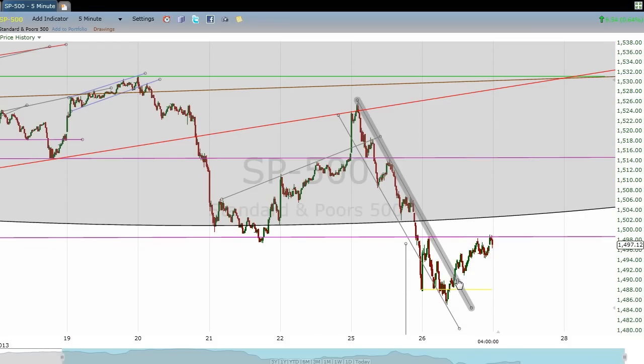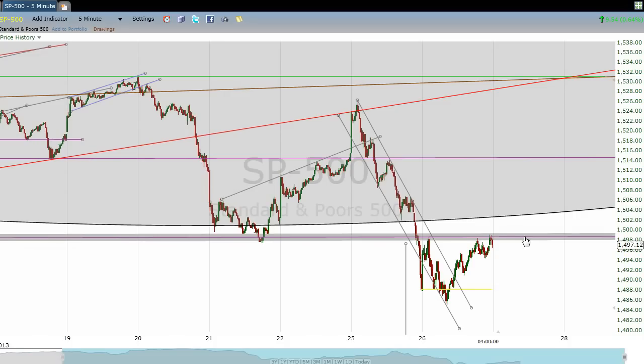And midday today, the S&P bucked that trend and came up to back test the neckline of this truncated head and shoulders top. Let's see if we start out tomorrow with downward pressure. That would be typical of a neckline back test.